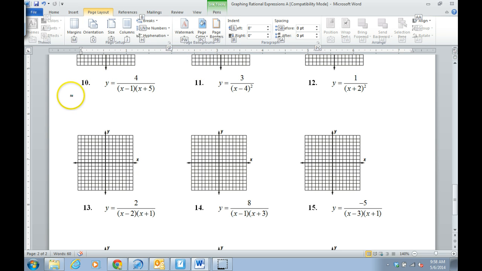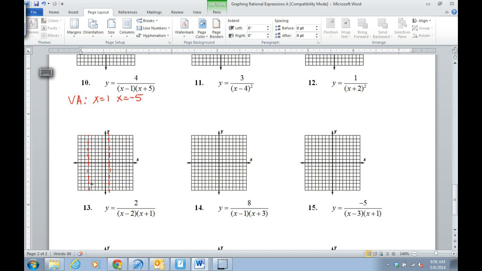Okay, what are our vertical asymptotes in this case? Yep, x equals 1 and x equals -5. So if I go to my graph, I'm going to plug those in. And at -5, let's see, 1, 2, 3, 4, 5. I think that's it right there, isn't it? It's hard to see.